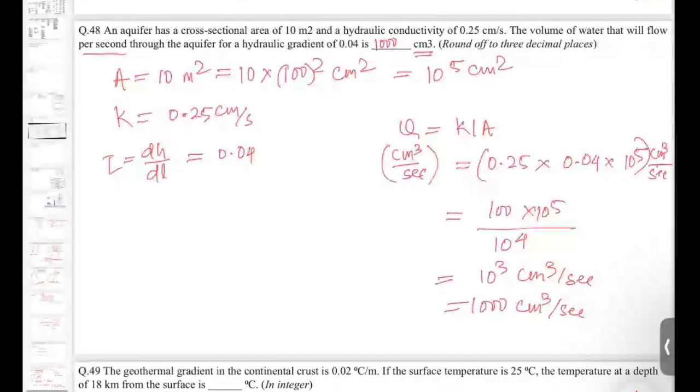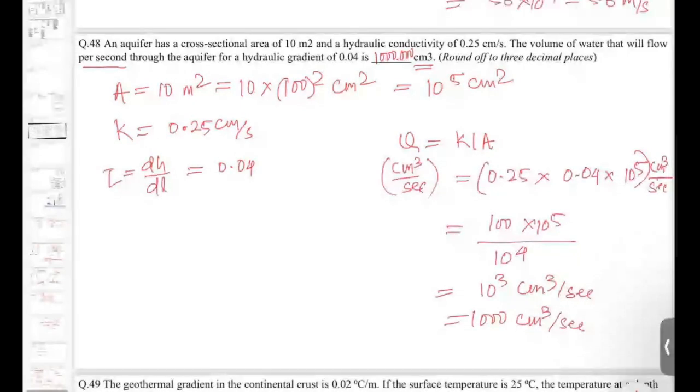You can just write 1000.000, that is better, because it is an online exam, so it's better to mention it like that. I did not see that part.